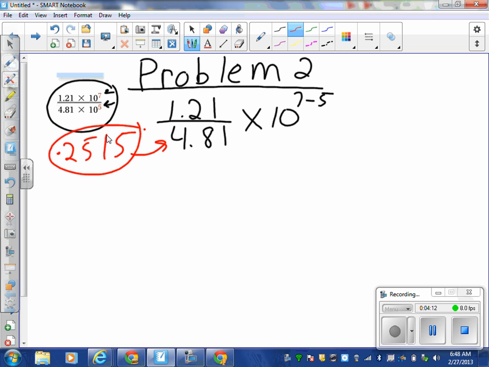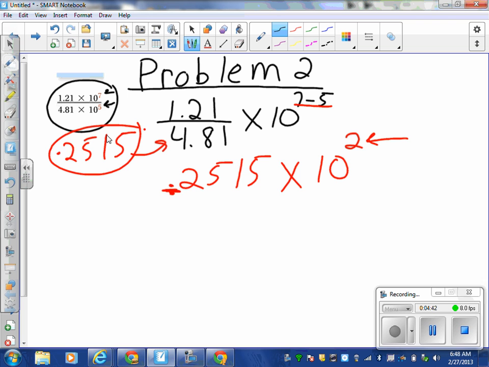But my answer would be 0.2515 times 10. Subtract those two exponents, 7 minus 5 is 2. To get my final answer, what does that 2 tell me to do with this decimal point right here? This 2 means to move this decimal point 2 places that way.